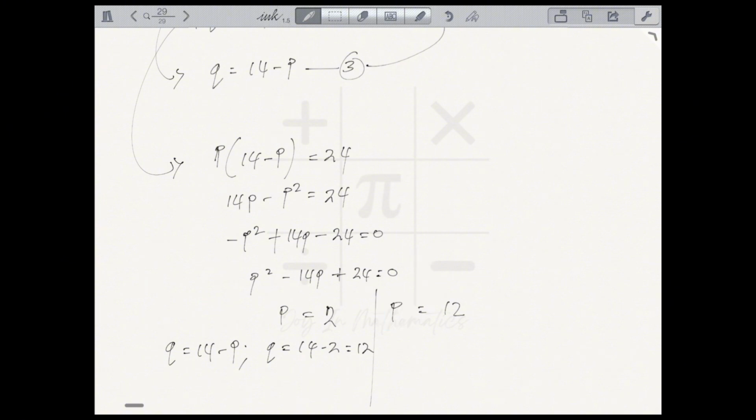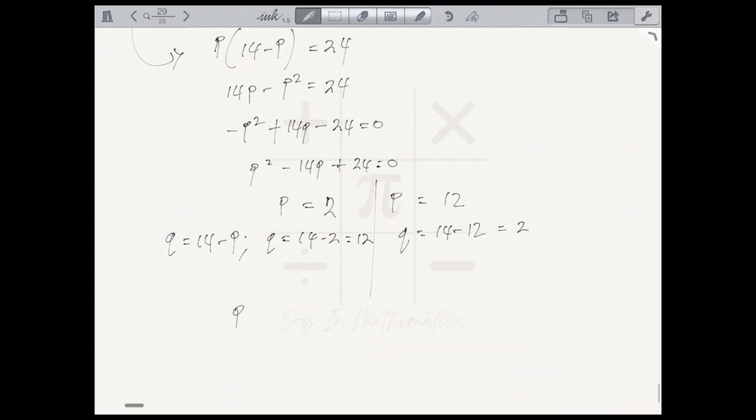And if p is equal to 12, our q is 14 minus 12, which is equal to 2. So we have p equal to 2 and q equal to 12, or p equal to 12 and q equal to 2.